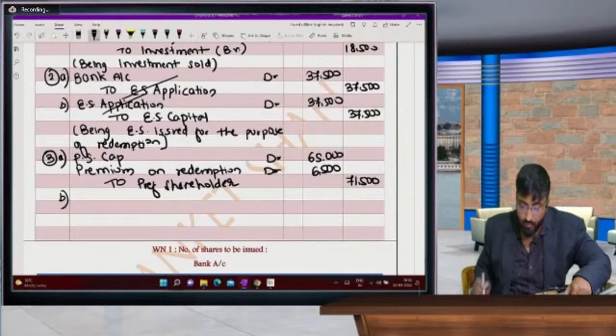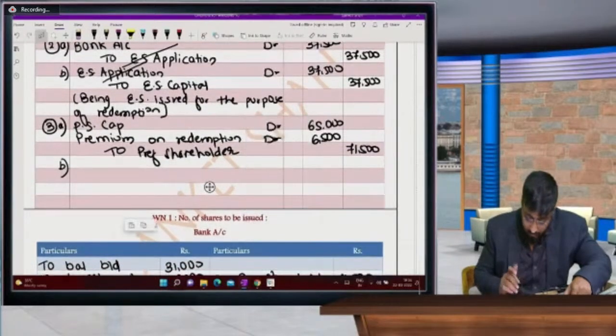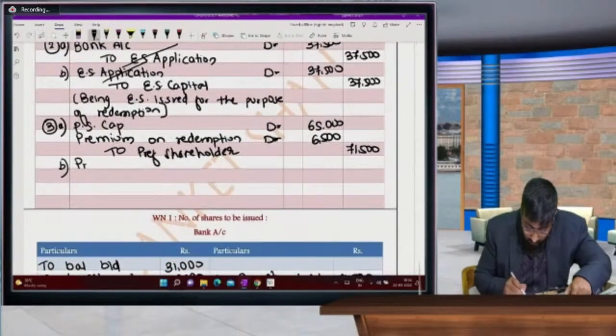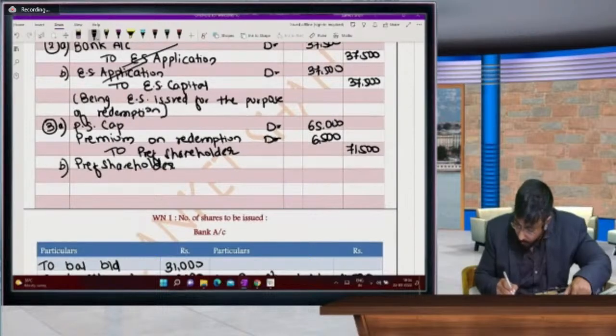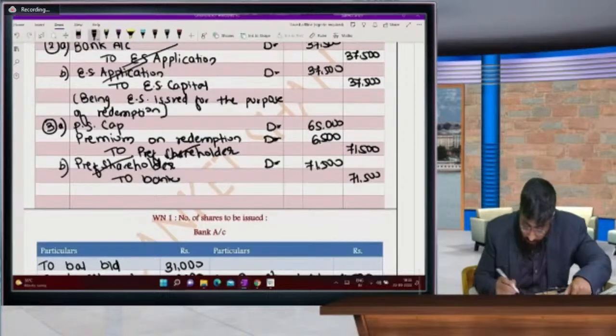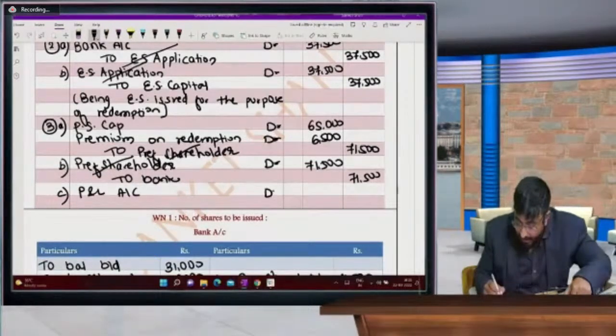B. Preference shareholder account debit to bank. 71,500, 71,500. Preference shareholder cancel. C. P&L account debit.